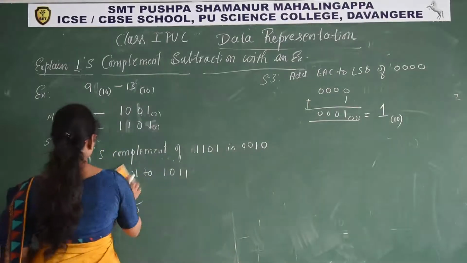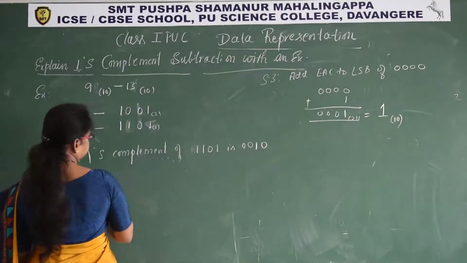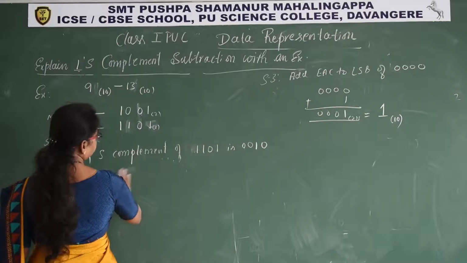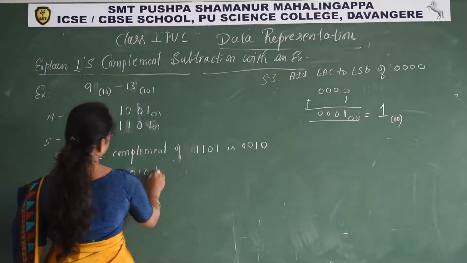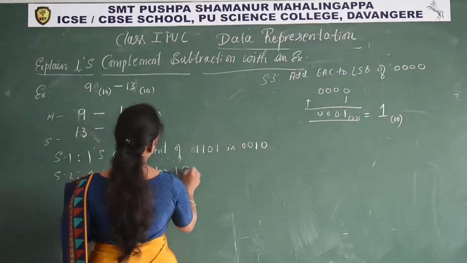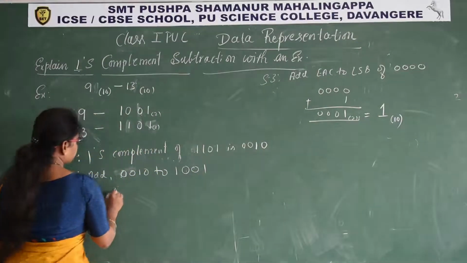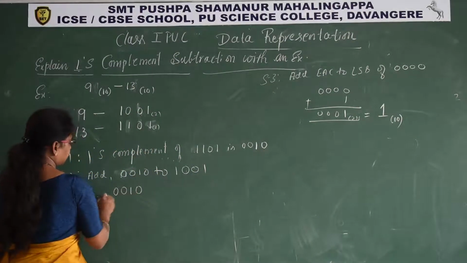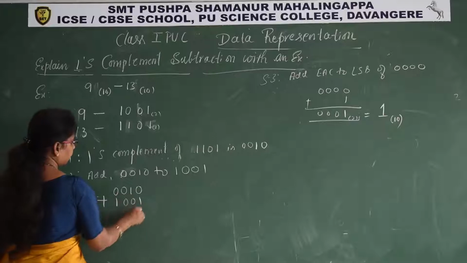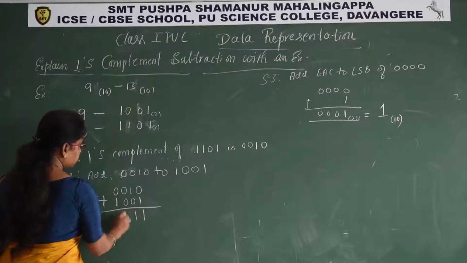Now add 0, 0, 1, 0 to the minuend 1, 0, 0, 1. 0, 0, 1, 0 plus 1, 0, 0, 1 is 1, 0, 1, 1.